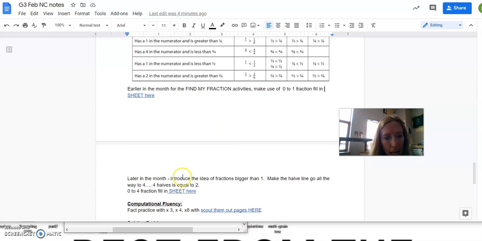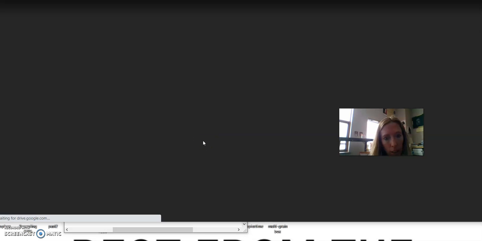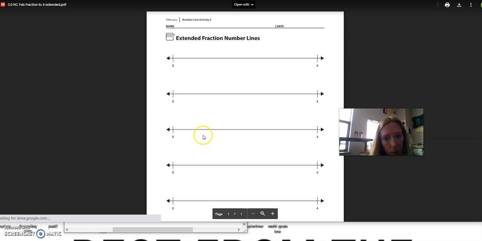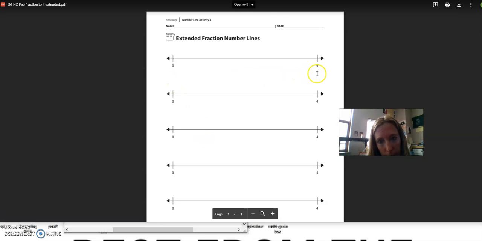And then later in the month, if you want to get into the more challenging idea of what happens with fractions when they turn out to be bigger than 1. So what if I have 4 halves? Where's that going to be located on my number line? So now the sheet looks like this, where it goes from 0 to 4.